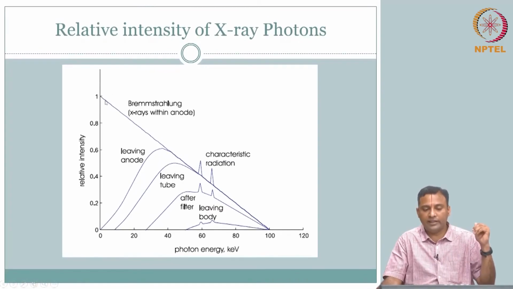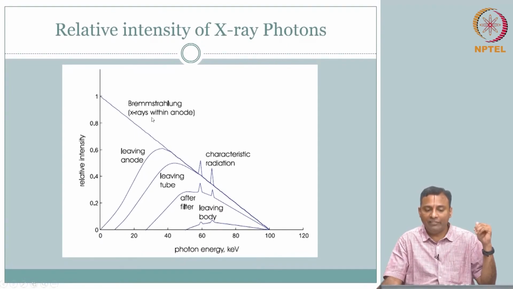So, this is your theoretical. Bremsstrahlung creates X-rays within the anode starting from 0 energy till whatever maximum kilo electron volt you have applied, right. So, this is what is actually generated.